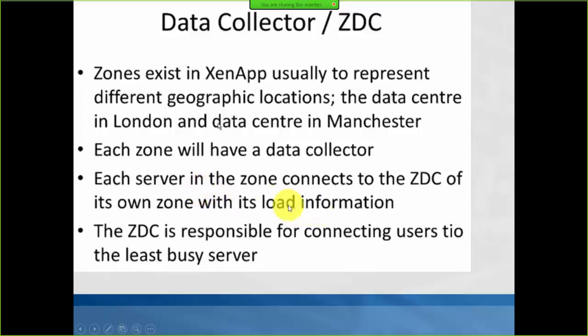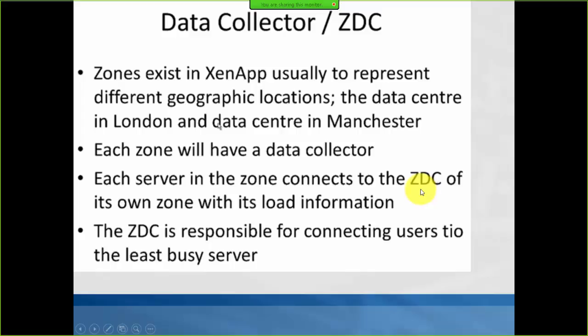All this kind of information is called load information. So each server in a zone connects to the zone data collector and gives it all the information of what that XenApp server is doing, or what kind of load it has right now. So the zone data collector has all the information for all the XenApp servers in the zone.